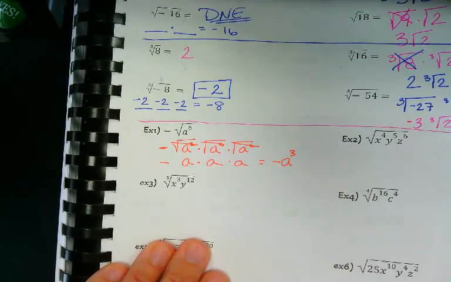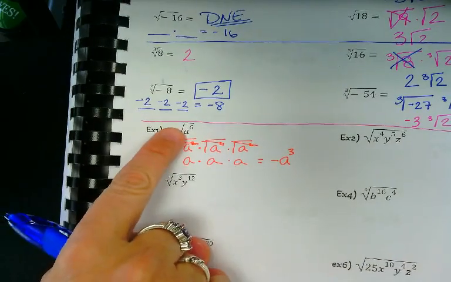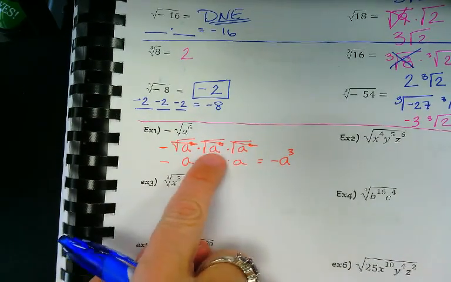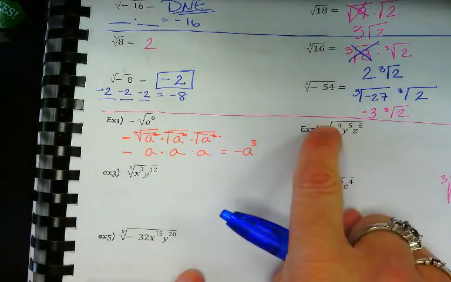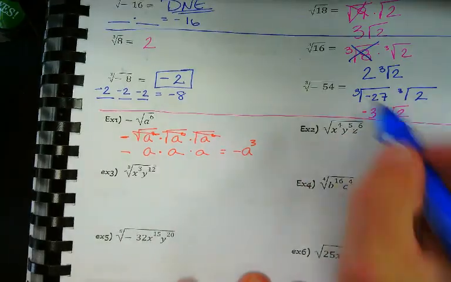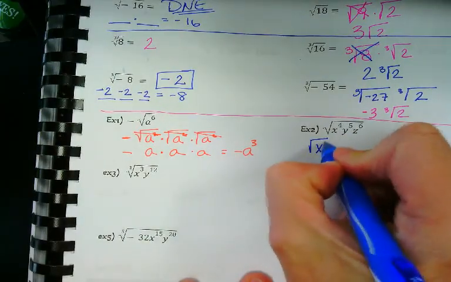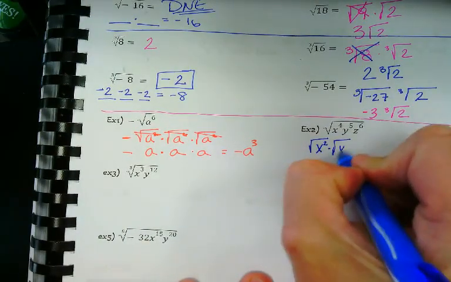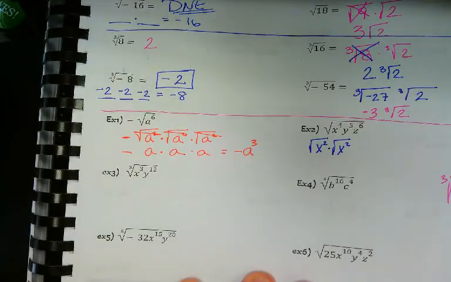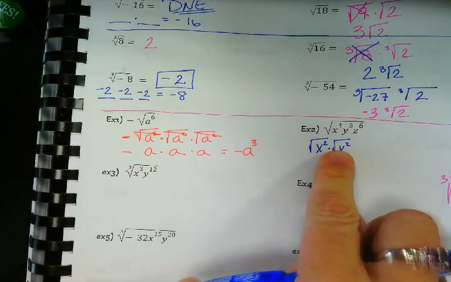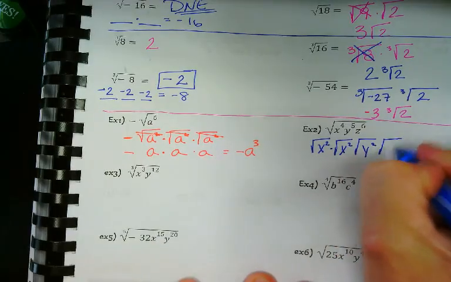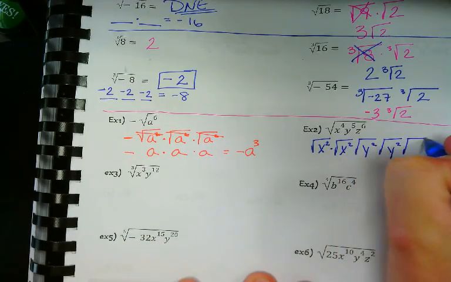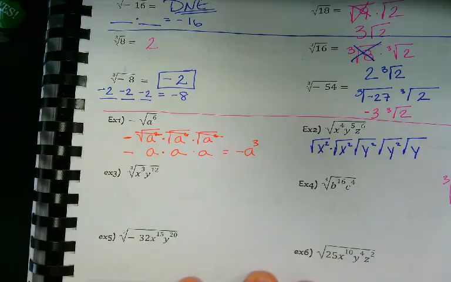Okay, so I'm going to do another one the long way, and then see if you can figure this out maybe a little quicker. Example 2, I have a square root again, so I'm going to break everybody into perfect squares. So I'm going to have x squared times x squared. That's 2, 4. Y to the 5th, I'm going to have a y squared, y squared, that's 4, but I need 5, so I have to have one more y.